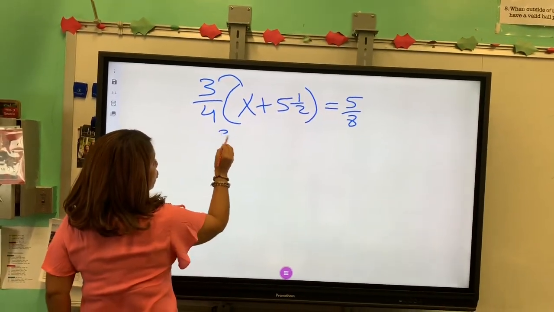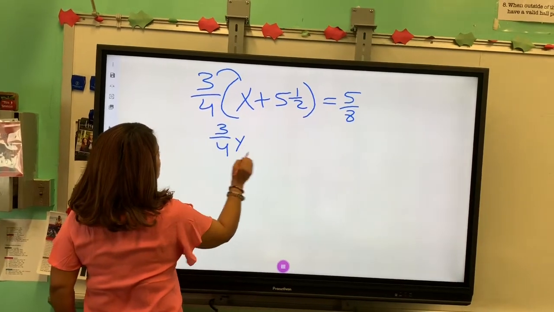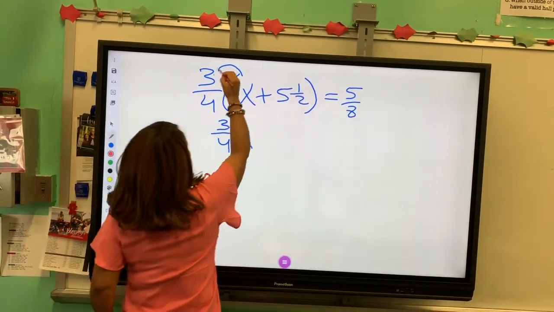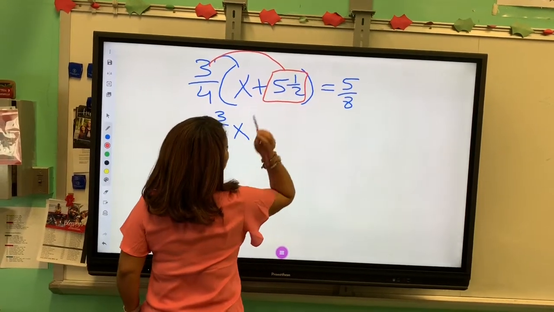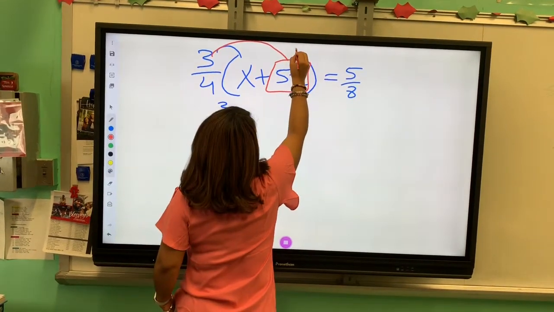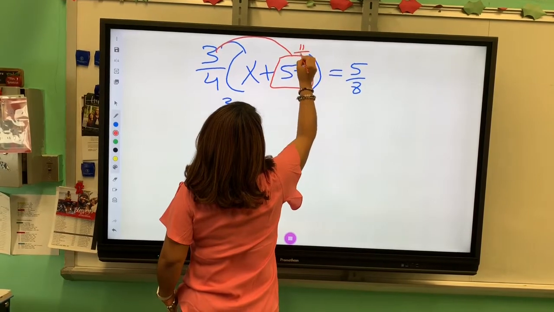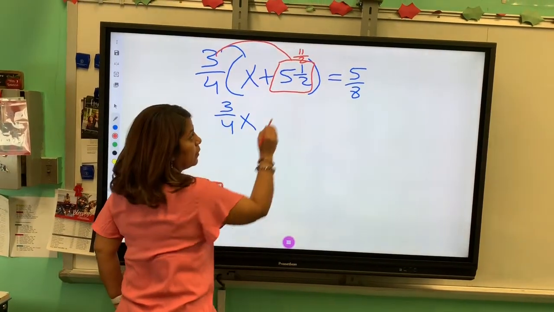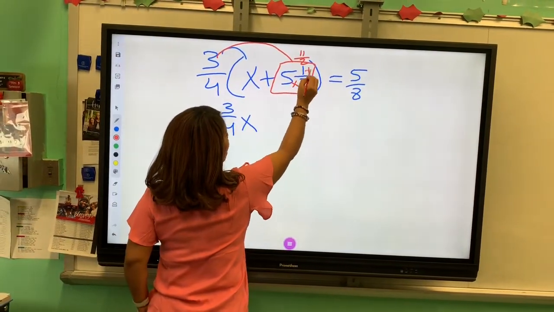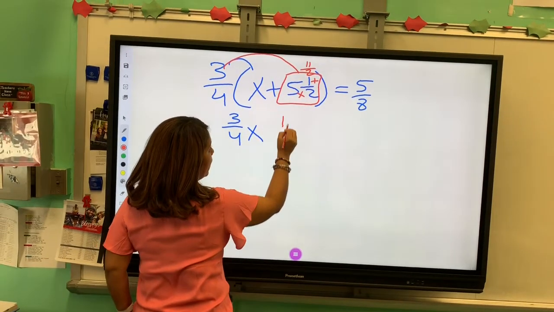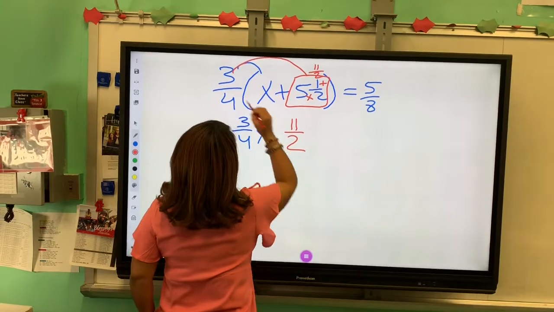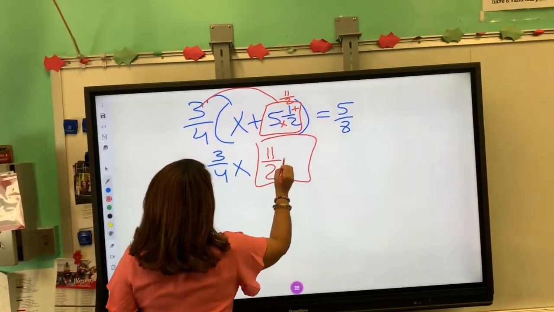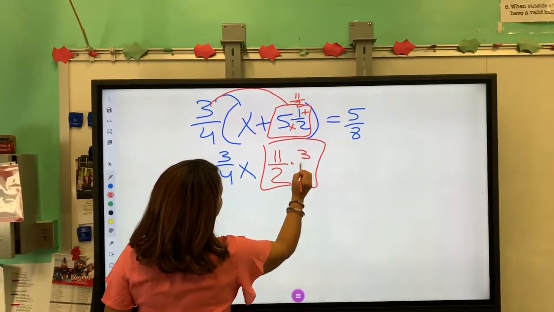This times this is going to give me 3/4x, okay? And if I also multiply 3 times 4, this is a mixed number, so I have to change this into an improper fraction, which is going to give me 11 over 2. 5 times 2, 10, plus 1, 11 over 2, so I'm going to write here 11 over 2 times the 3/4 that I have here.